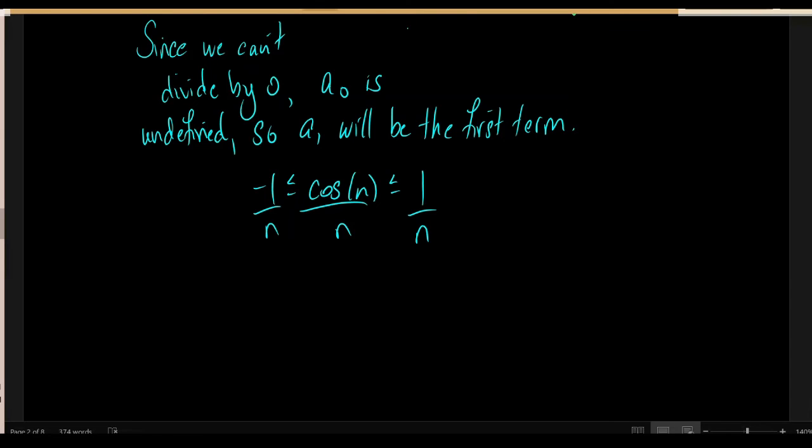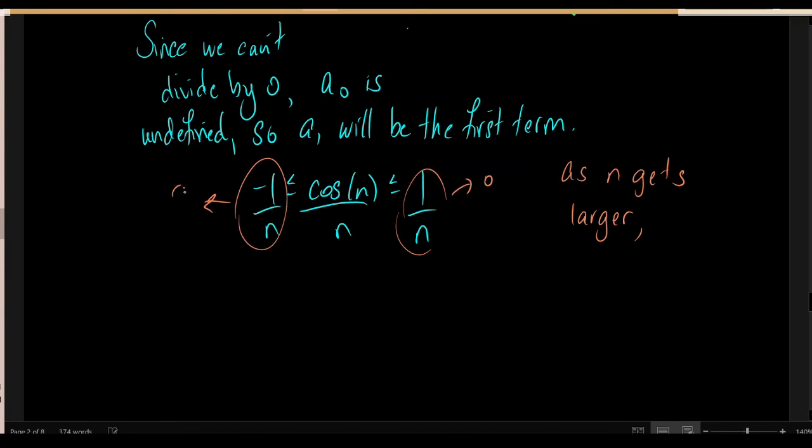Now, as n gets large, 1 over n and -1 over n both go towards 0 because you're dividing 1 by a steadily increasing number. Which means that cosine n over n, trapped between these two functions, must also be going to 0.